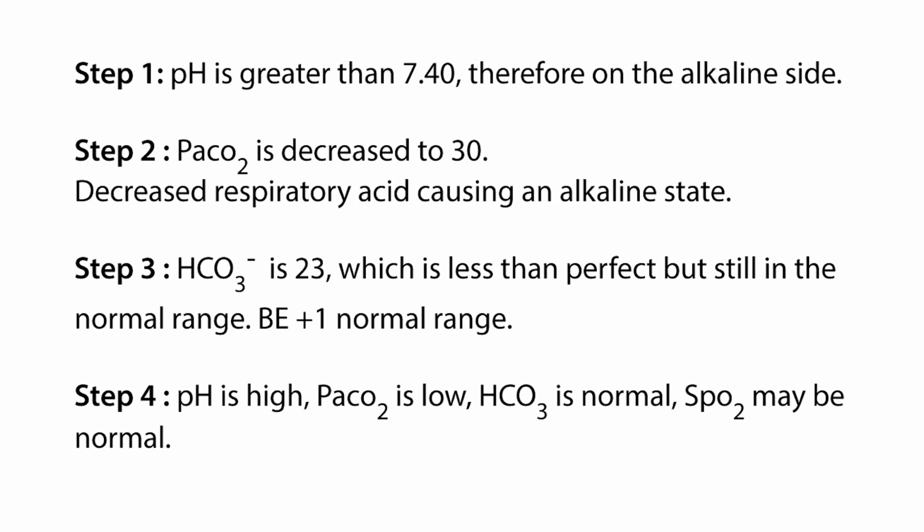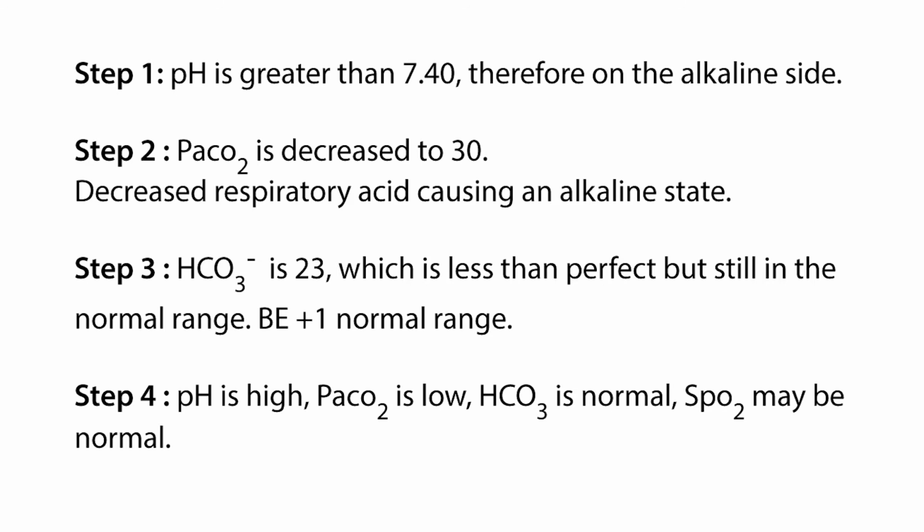Step 3. Look at the bicarb. It's 23, which is less than perfect but still in the normal range. It must be determined here if there is a metabolic contribution to the alkalosis or if there is compensation provided by the kidney. Look at the base excess. It is +1, within normal range. So what are we looking at?